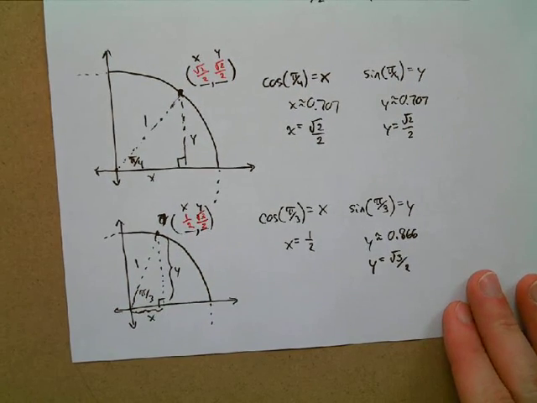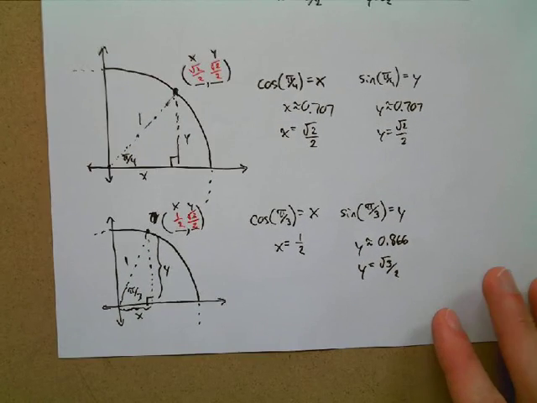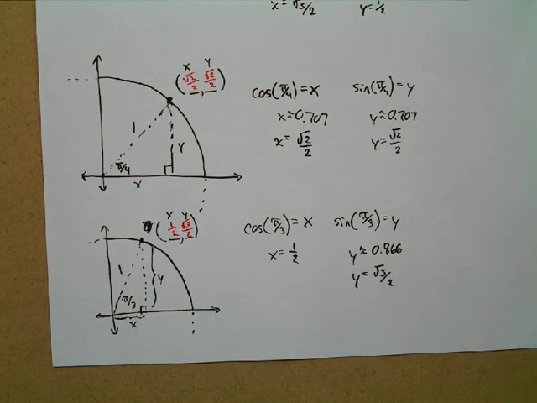So how are we going to use this? What's the purpose of this? Why do we go through all that work? Well, when you're on your own trying to evaluate trigonometric functions, I'm not going to ask you to come up with the coordinates necessarily. But say you're in the middle of a problem and I ask, what is the sine of pi over 4?